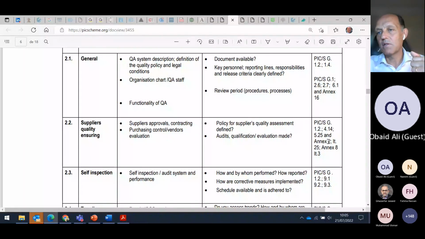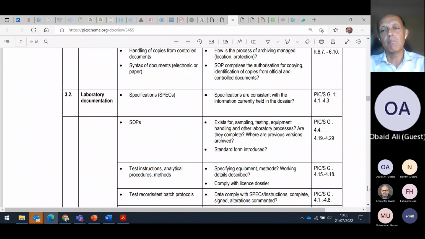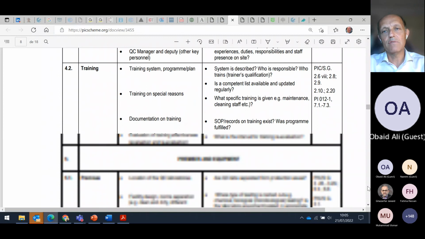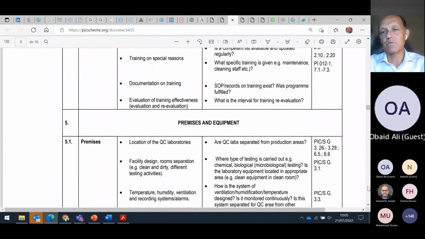This is the point of the PICS where this is stated. Talking about self-inspection of the quality control laboratory: how and by whom are they performed, how are they reported, how are corrective measures implemented, is a schedule available, and it's there too. So you see, this is a real checklist, this aide-memoire that I talk about, and you have a lot of very useful information here.